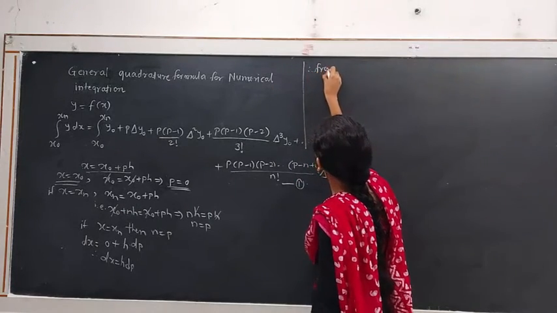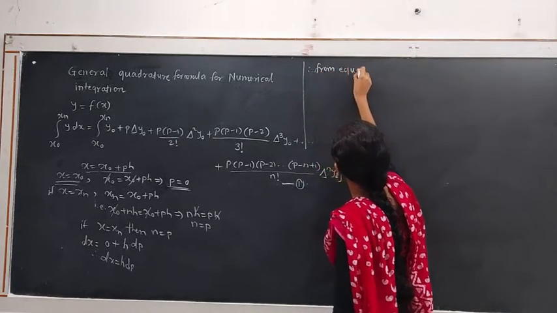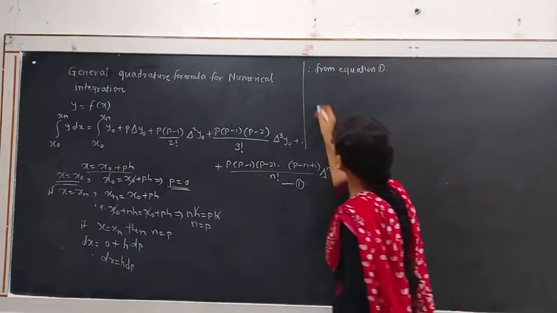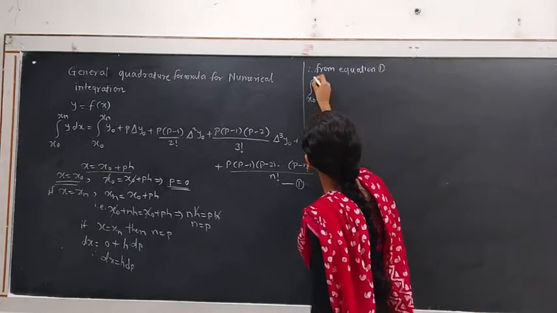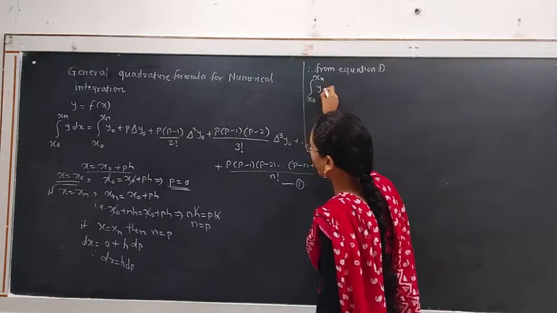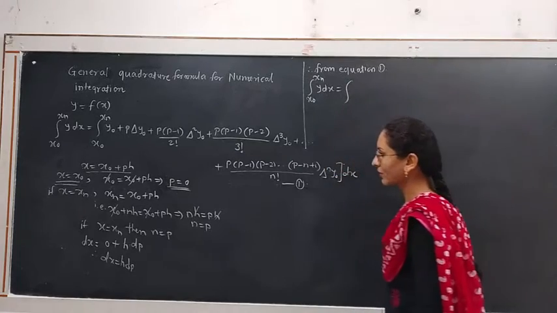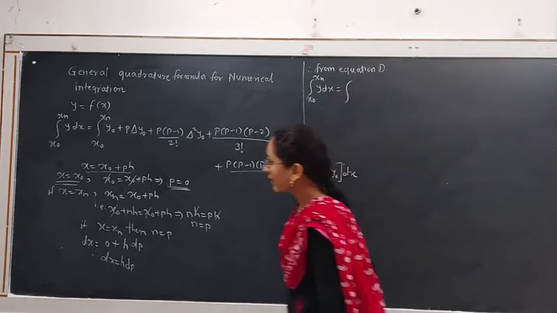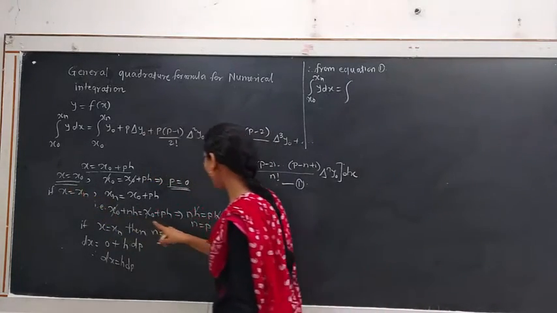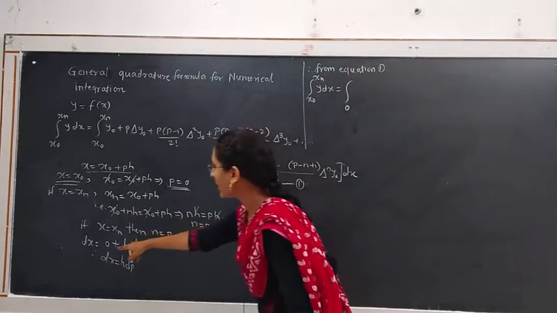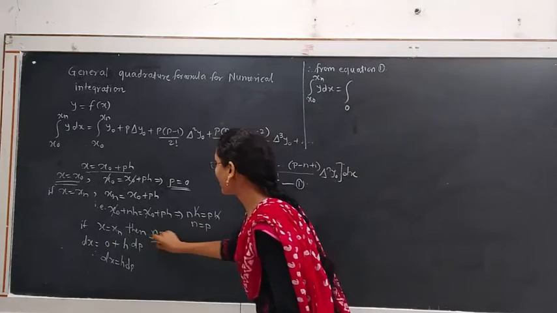Therefore, from equation number 1, the integration from x0 to xn of y dx is equal to an integration from p equal to 0 to p equal to n, because if x is equal to x0 then p is 0, and if x is equal to xn then p is equal to n.